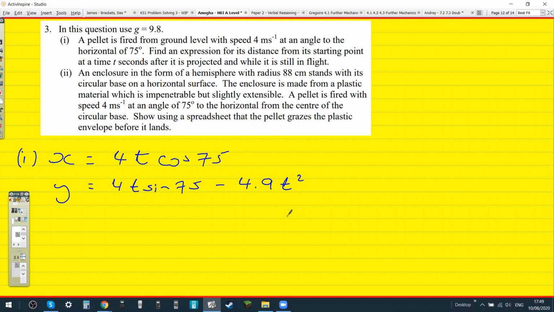Any idea what we do here? Show using a spreadsheet. Hold on, are you in part 2? We're not finished part 1 yet. So the x... you can find t in terms of something and then substitute into the y one.